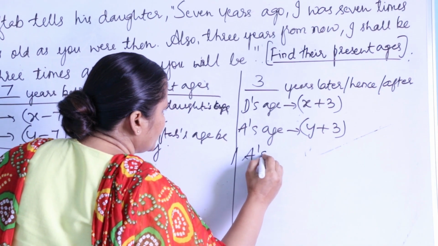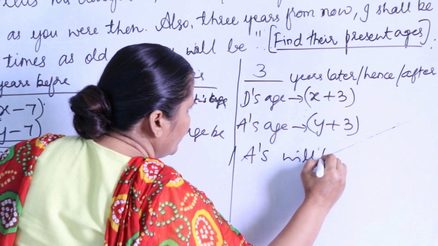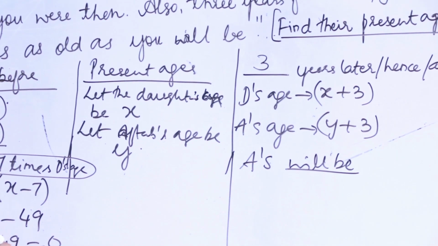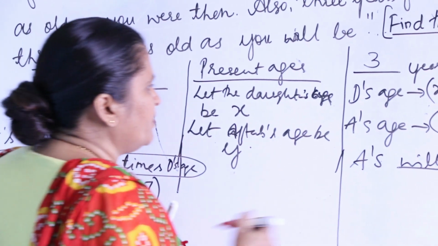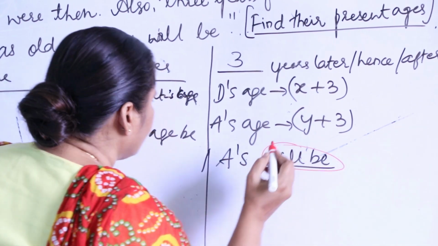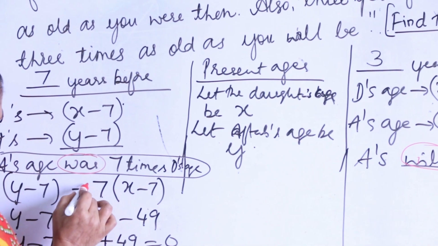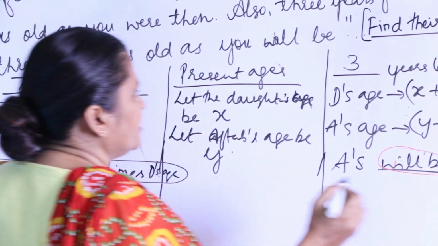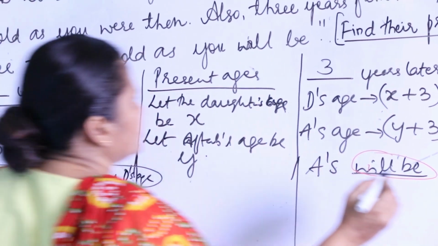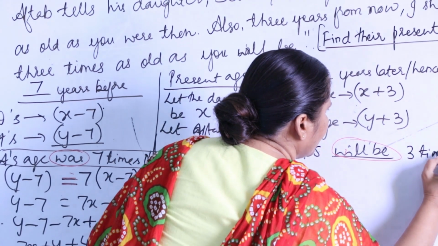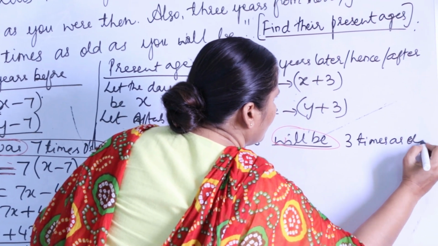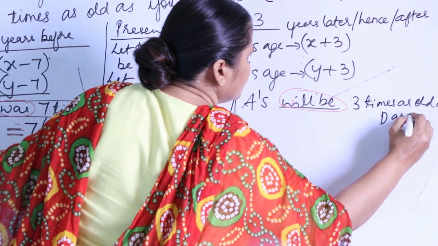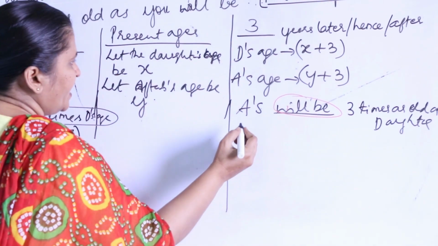So, Aftab will be, what is it? 3 times as old as daughter. So, what do we write?